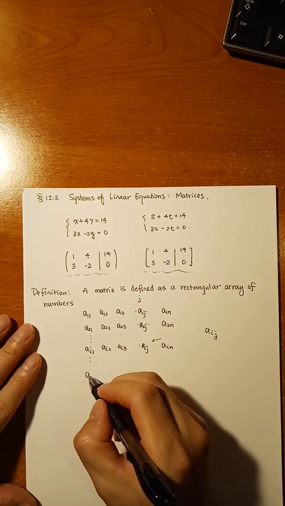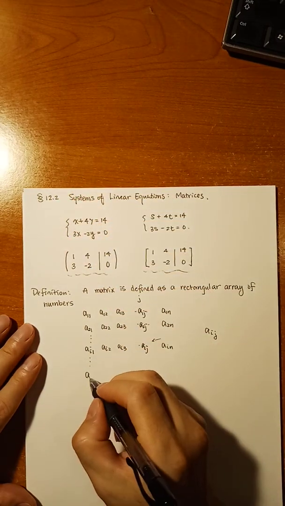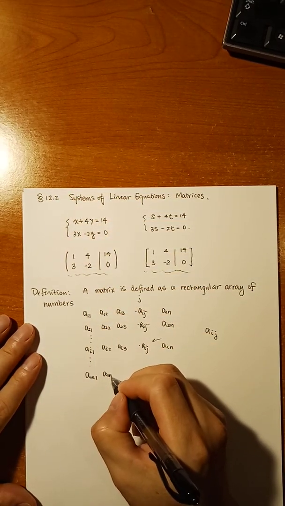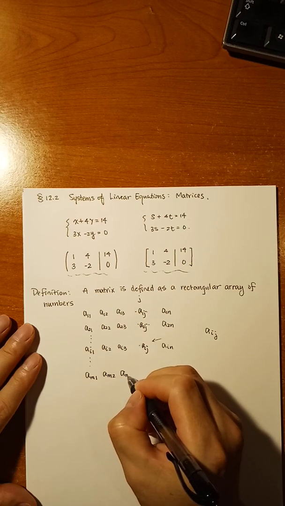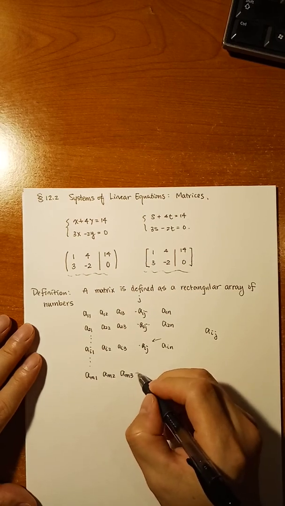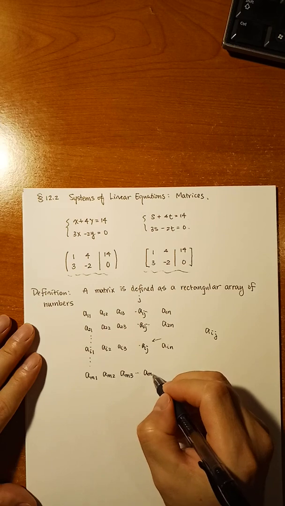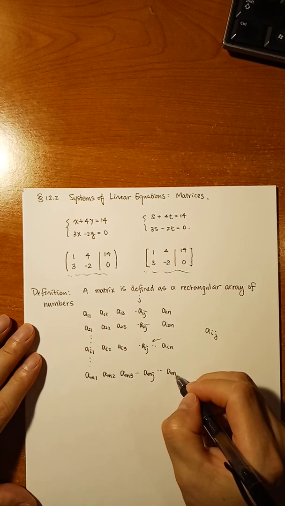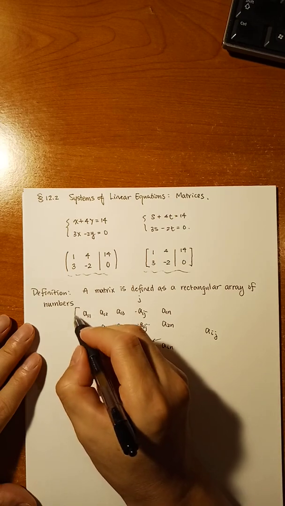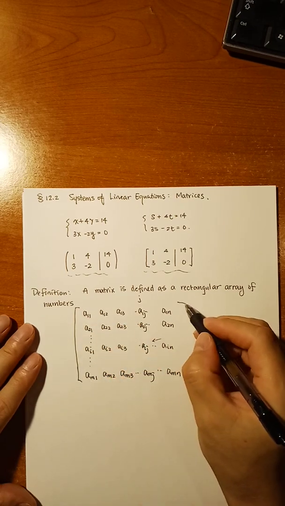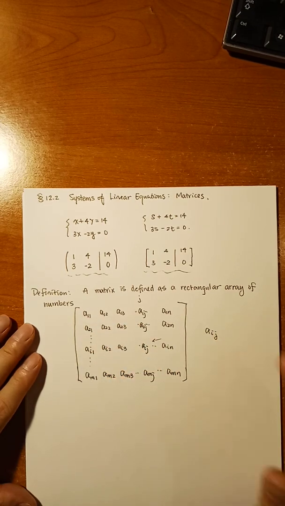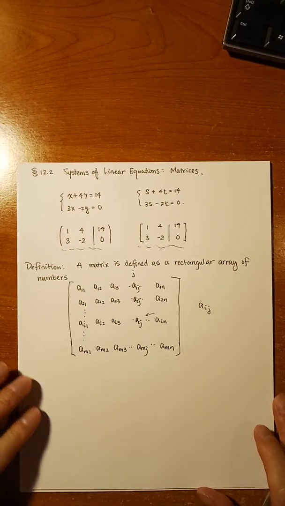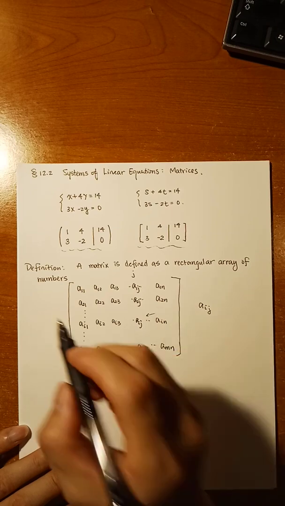And finally, assume you have m equations, so you will have m rows, Am1, Am2, Am3, the jth position, Amj, and finally, you have Amn. And you use brackets or parentheses to include them. This is called a matrix.